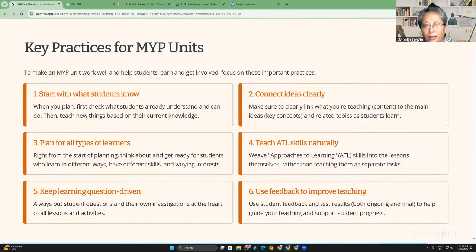Then keep learning question driven. Students should be able to ask questions. And use feedback to improve teaching. Use student feedback and test results to help guide your teaching and support student progress.